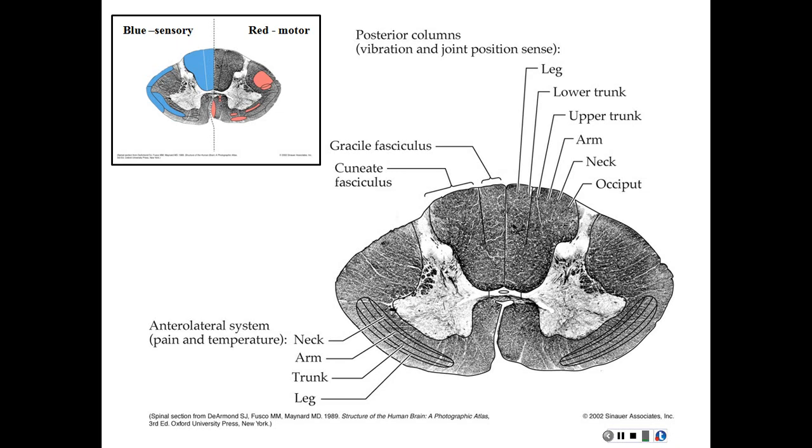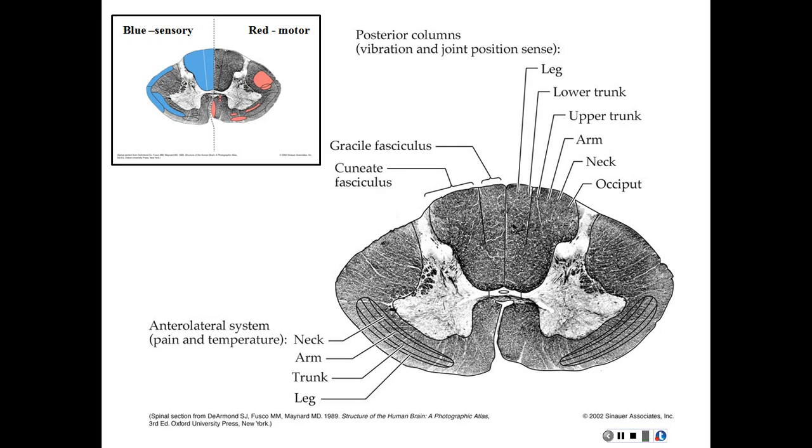Pain and temperature, the information comes in, finds a neuron in the dorsal horn here. That axon then crosses the midline and joins the anterolateral pathway. Which means that when we look at the anterolateral pathways, it's ascending contralateral information.